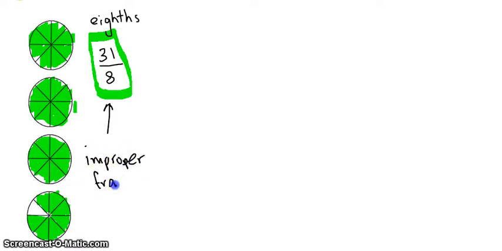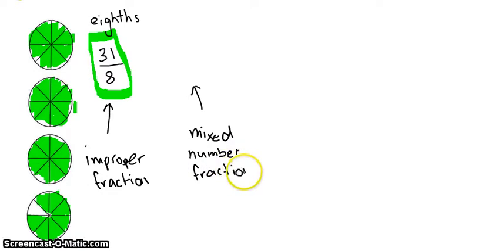And we need to know this language so that you know what we're talking about when we're referring to particular types of fractions. But now we want to talk about the mixed number fraction. It's called mixed number fractions because we now have wholes that we can talk about.